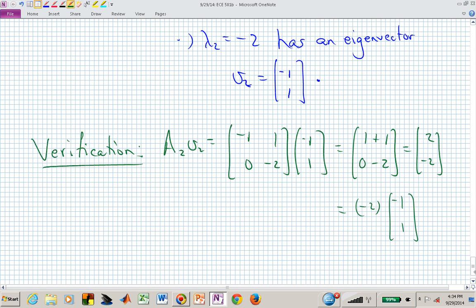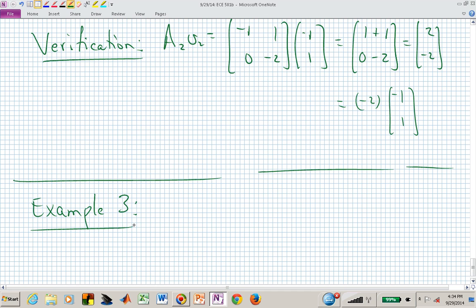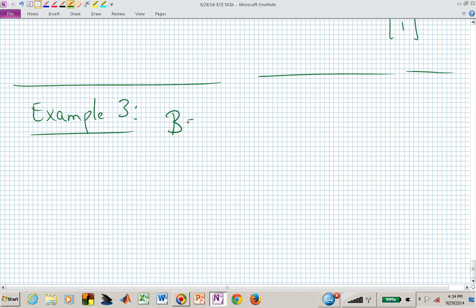Let's look at a different matrix, that maybe is not quite as obvious what the eigenvalues are, or if they even exist, if we restrict ourselves to real number fields.